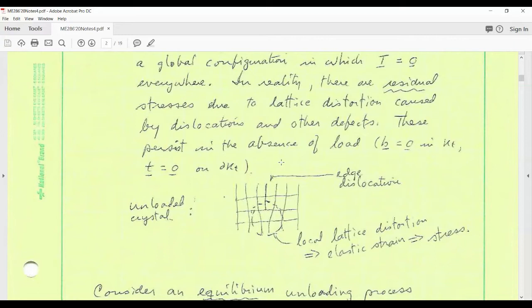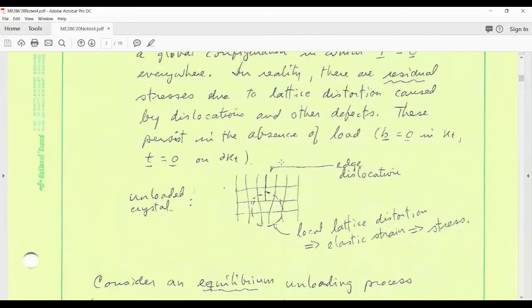That would create a hole in the lattice, and the lattice would distort in the neighborhood of that hole in response to that vacancy. So dislocations are not the only kinds of lattice defects, as we could call them, but there are other kinds as well, interstitial atoms and vacancies being the primary important defects in crystalline materials.